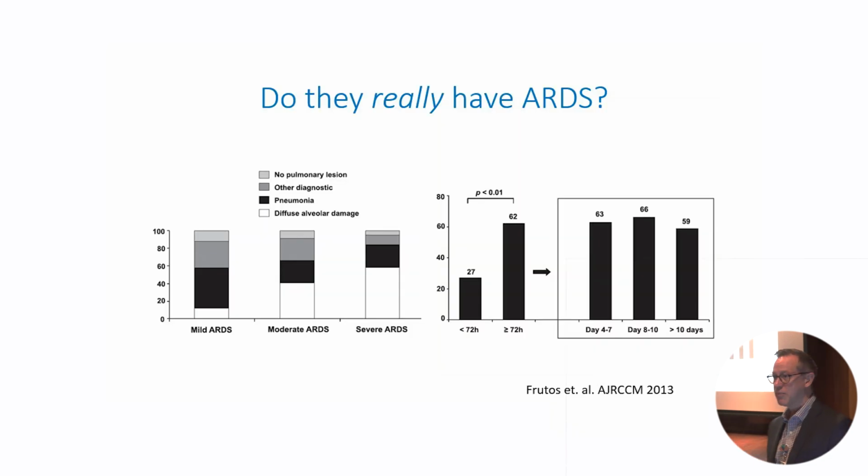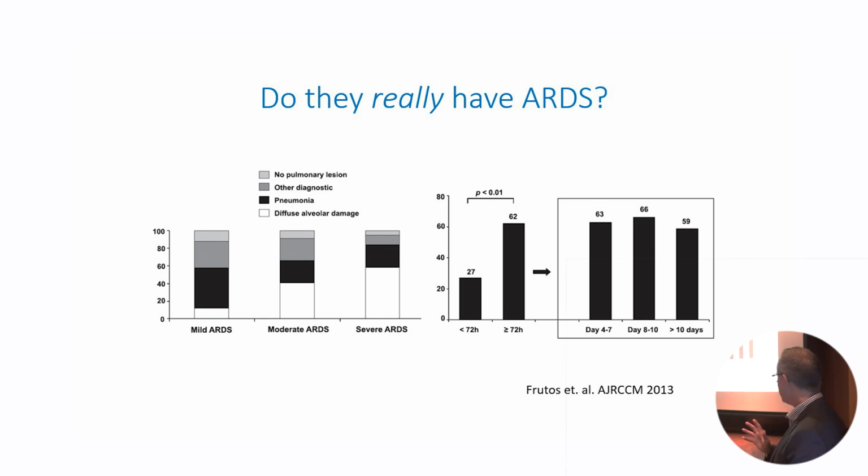But I put this slide up just to say, anytime we're diagnosing someone with ARDS, we should pause for a second and ask ourselves, does this patient really have ARDS? Because autopsy studies have shown us that only about 2/3 of the patients who are diagnosed in life with ARDS actually have diffuse alveolar damage at autopsy.